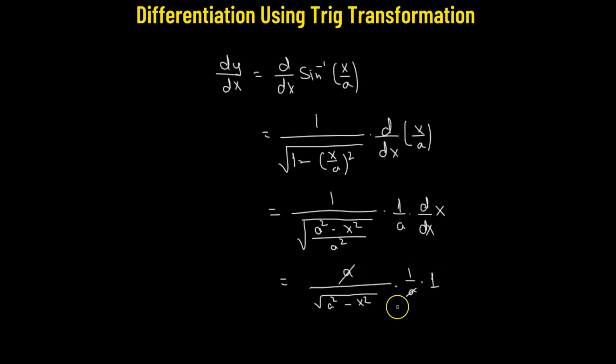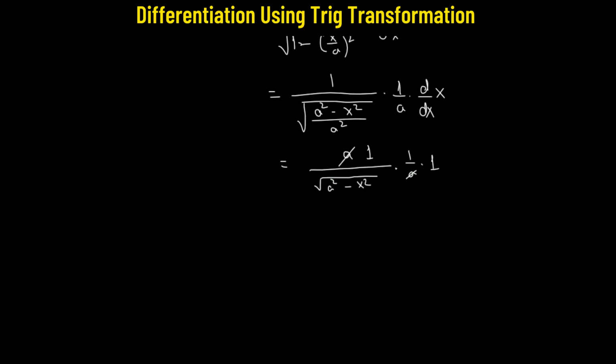That's 1. The a and a cancel out, leaving a factor of 1 in the numerator, and therefore the derivative of y with respect to x is 1 divided by the square root of a squared minus x squared. Right, so this is the value.